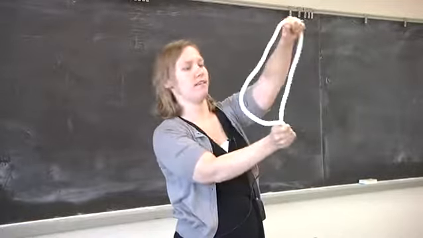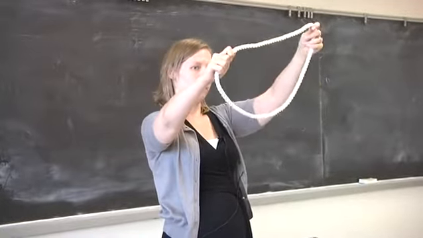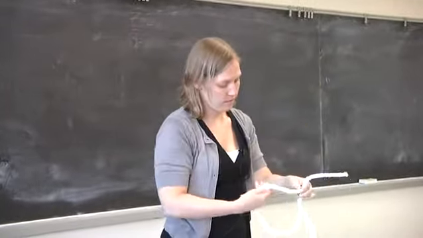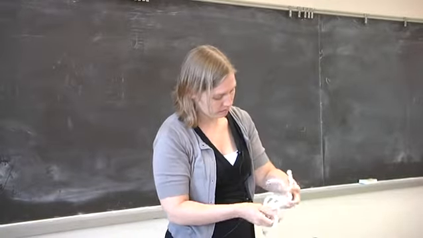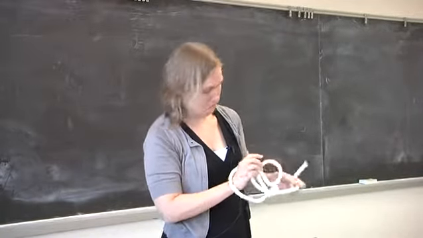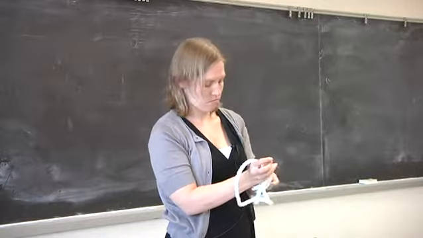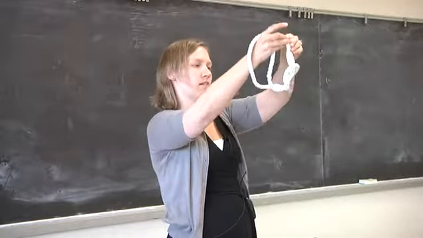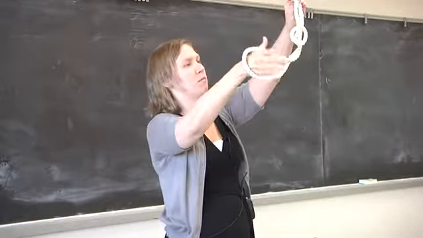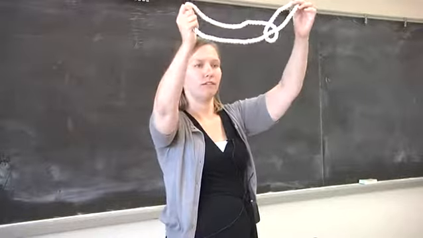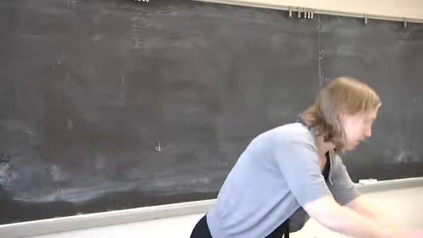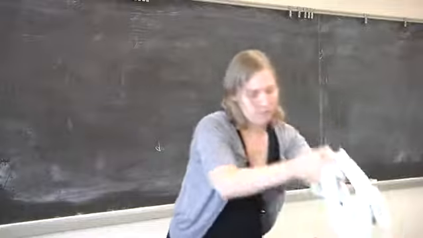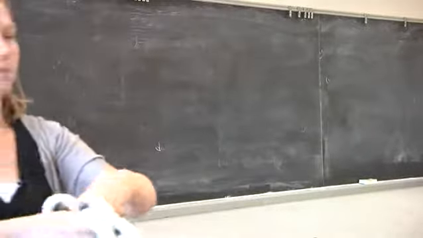So this guy's called the unknot. But you could do crazier things. Say something like that. It shakes out to be the trefoil. So I have all these ropes, and I'll let you play with those and see what knots you can make. So if you get bored, you can just play with some rope.